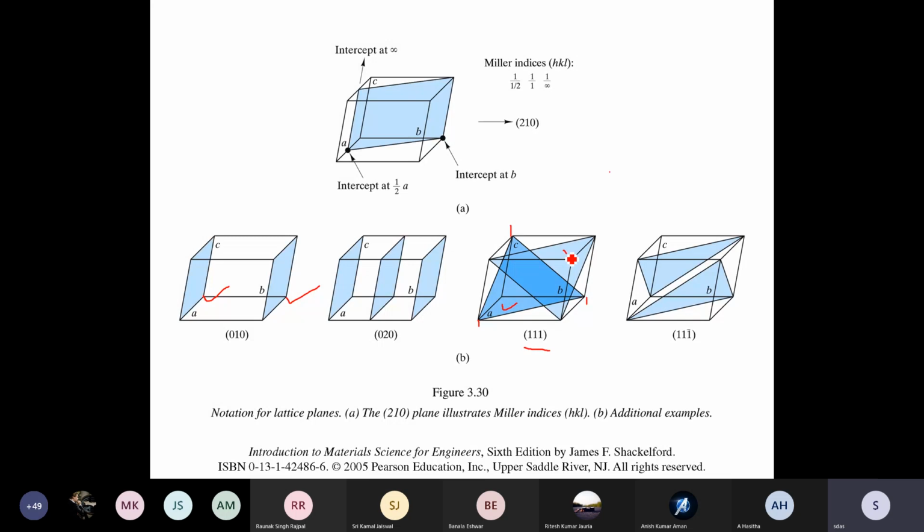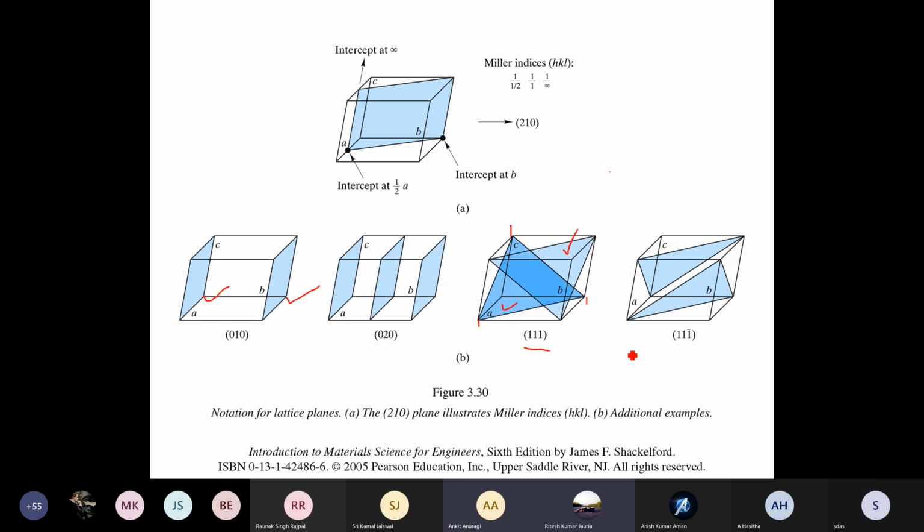Now you find out what this other triangular shaped plane is. Indices of that, tell me. Same, sir.